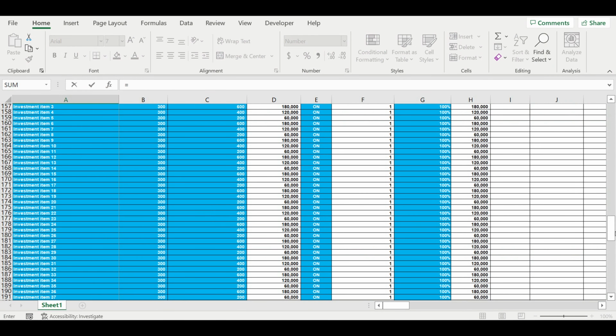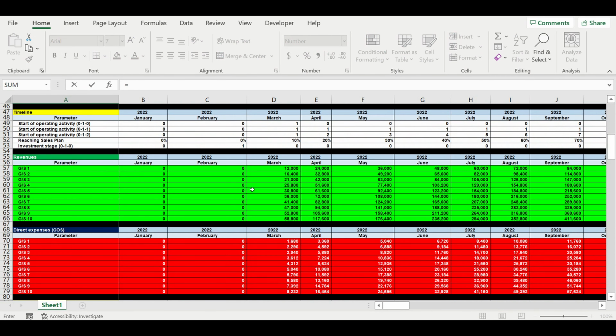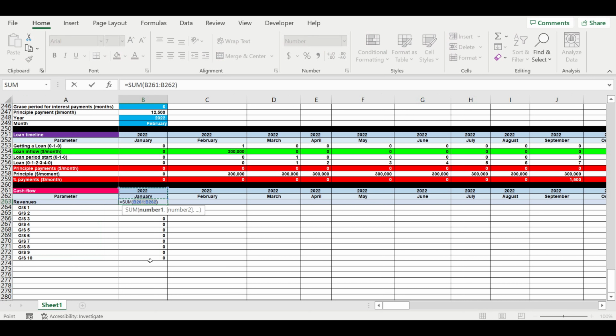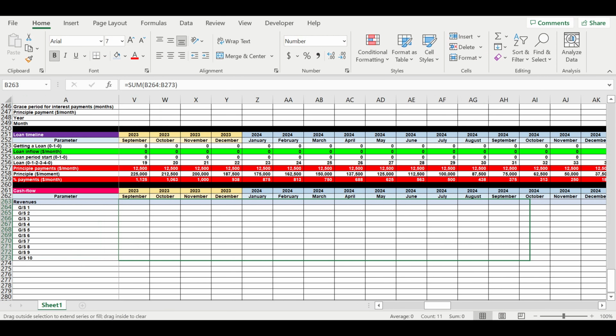We are going up, searching for the green lines for our revenues. So these are our goods or services that we are producing. We are creating totals of that. Now we are extrapolating this formula to the right.